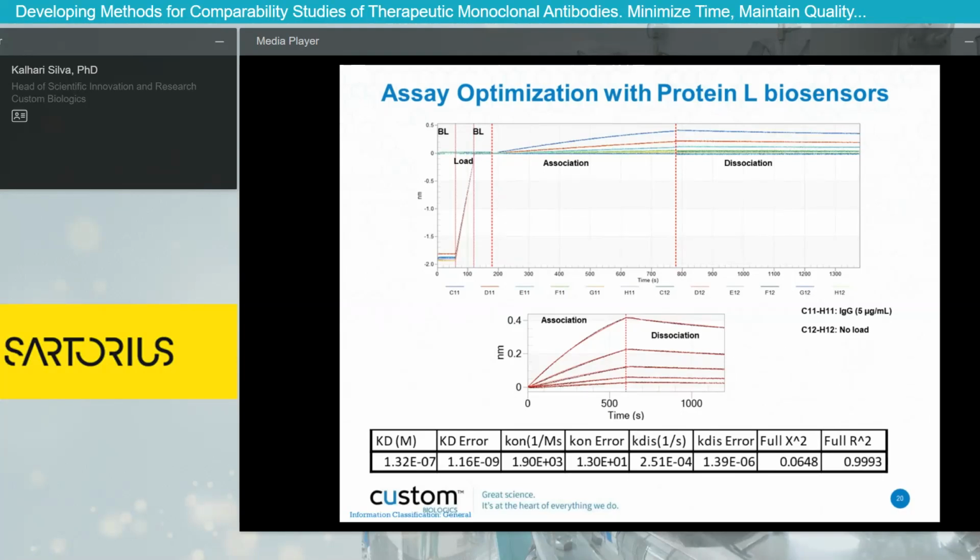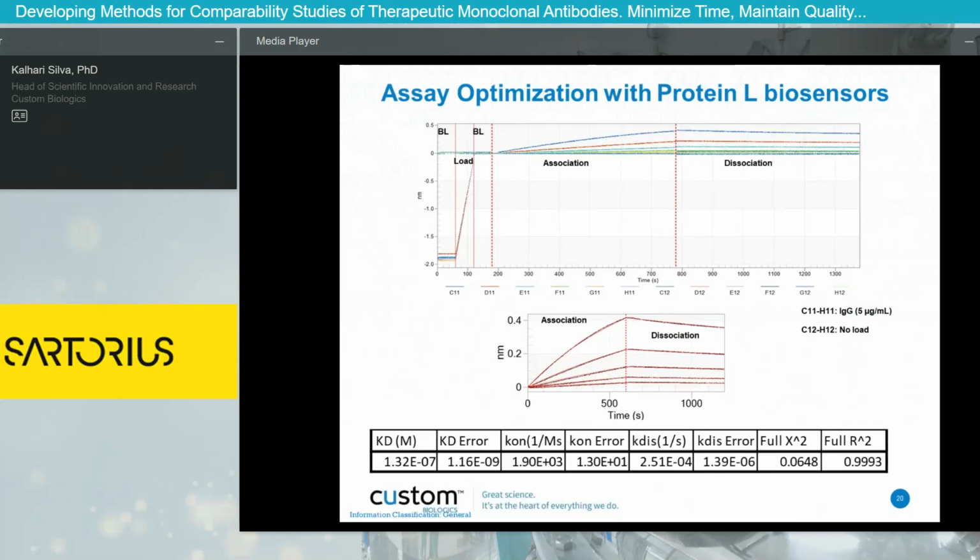Once you obtain the dose response curves and they are fitted to the one-to-one model, and the on rates, off rates, and KDs are calculated, it's interesting to see that the KD value in this case is very much similar to what we got in the FcgammaR3 study.